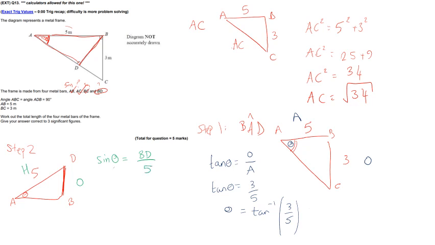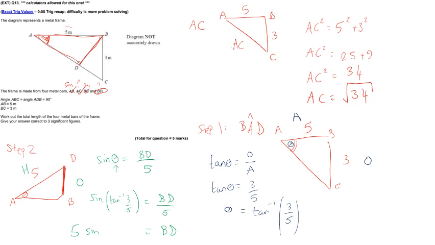We know theta is inverse tan of 3 over 5. You could have kept the decimal and just written it out long, that's fine. I'm just keeping it like this so I don't have to draw it out. So to get BD on its own, this is the same as BD divided by 5, so I'm going to times both sides by 5.